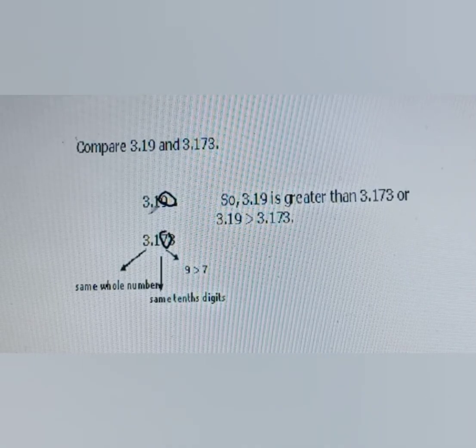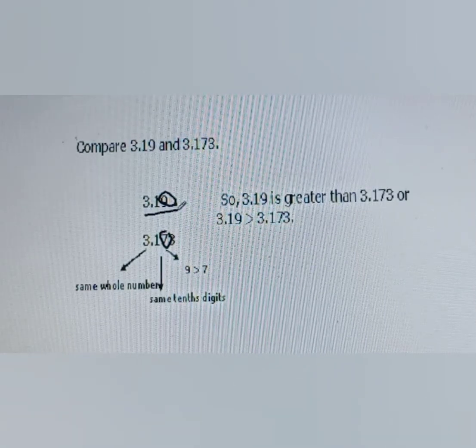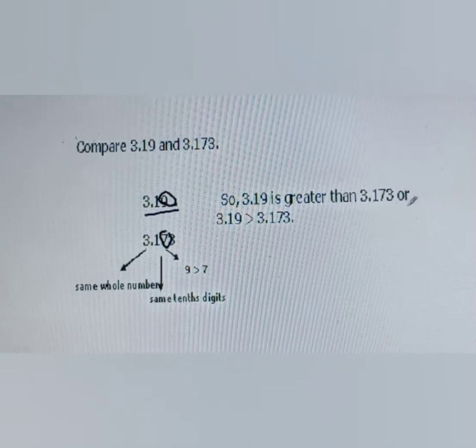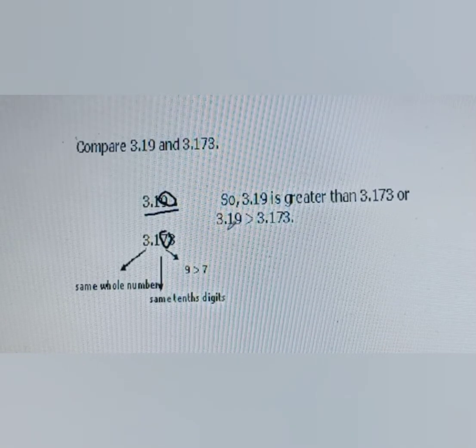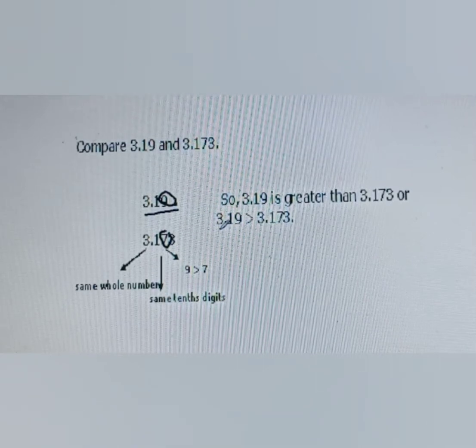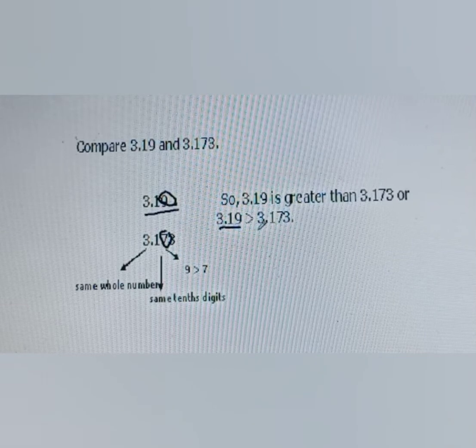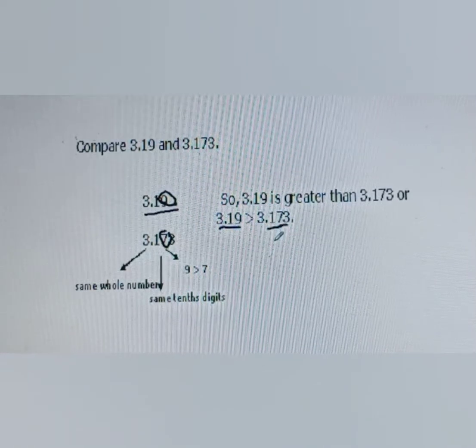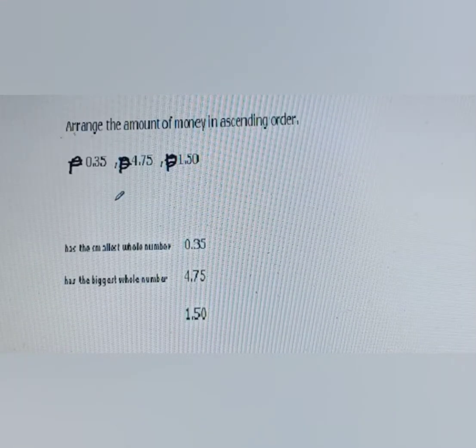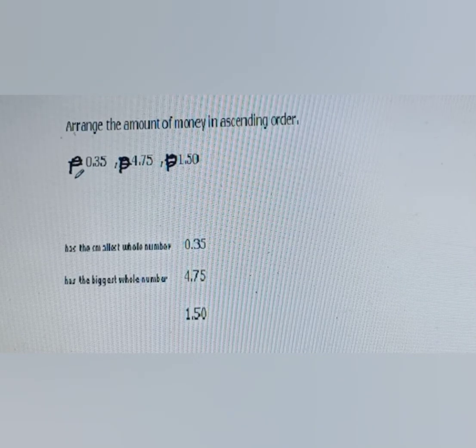So we can say that 3.19 is greater than 3.173. Or we can use the symbol for greater than. This is the symbol for greater than. So we can also write that as 3.19 greater than 3.173.